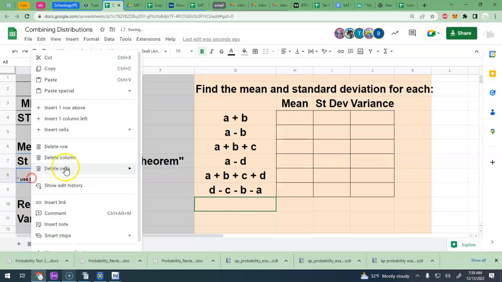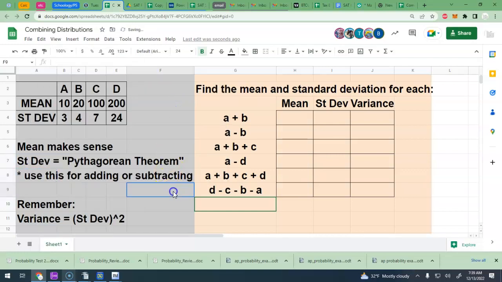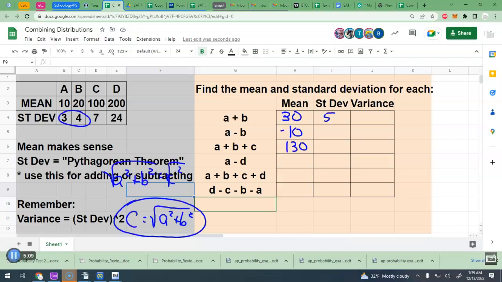So A minus B would actually have the exact same standard deviation as A plus B. So this is still going to be 5. It doesn't matter whether that's addition or subtraction. You do the exact same formula for the standard deviation.